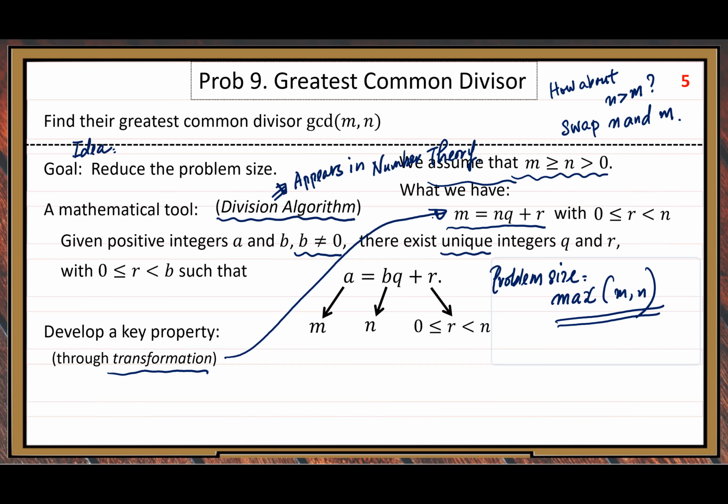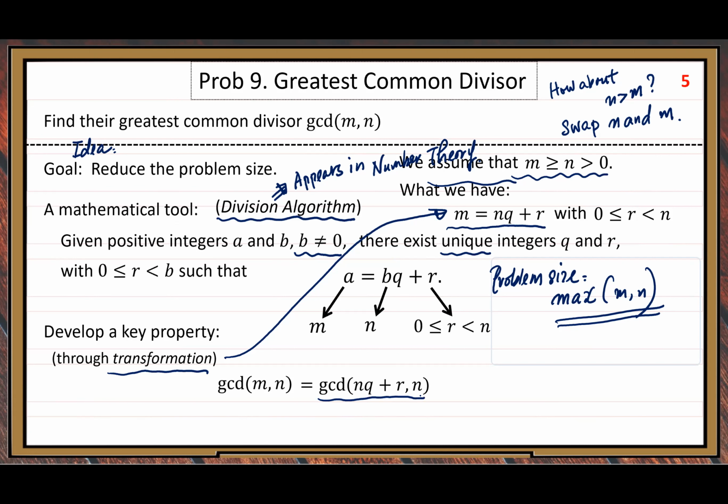We start with the GCD of M comma N. That's our goal, we need to calculate this function. So when we start, we replace m by this new expression, nq plus r. So we get this expression.